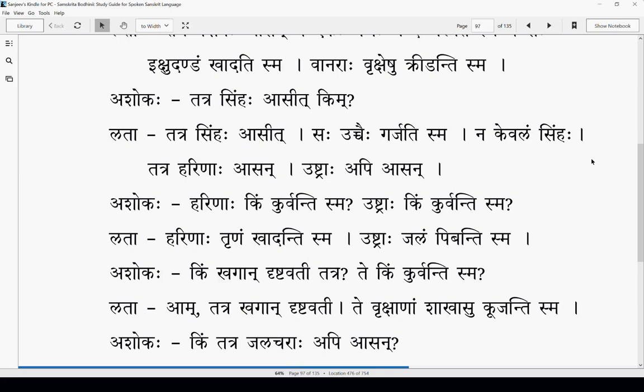So garjati, you know, roar. Loudly roaring. It was loudly roaring. Na kevalam simha, tatra harinah asan. Not only lion, there were also deer. What were the harinah? Deer. Deers. Ustrah api asan. Camels.